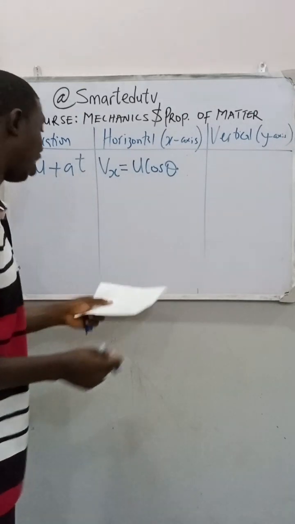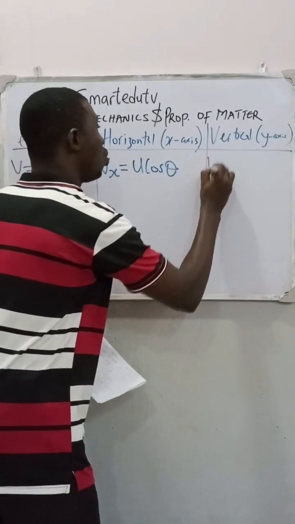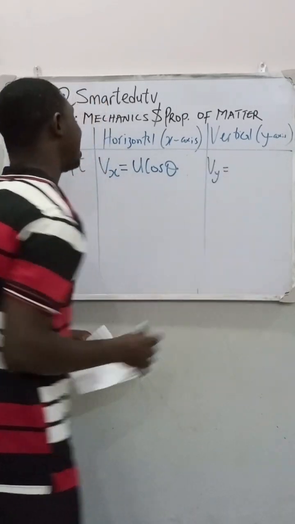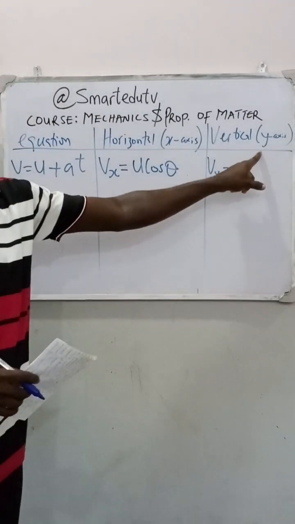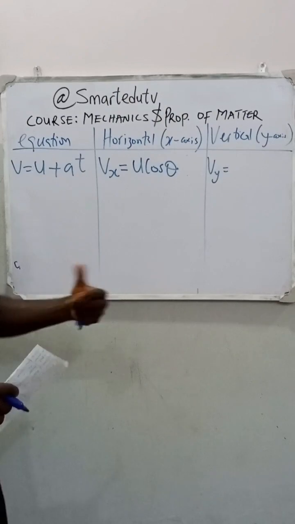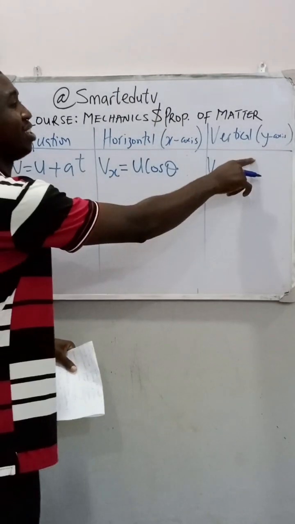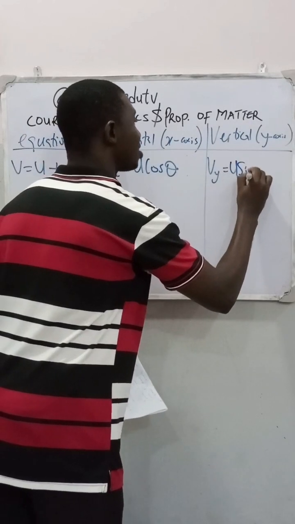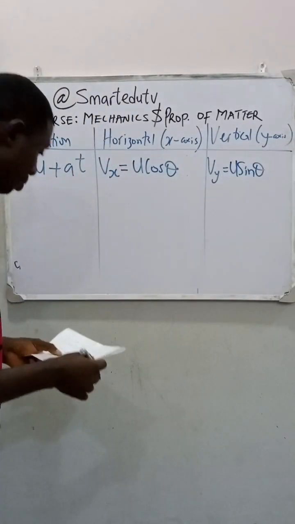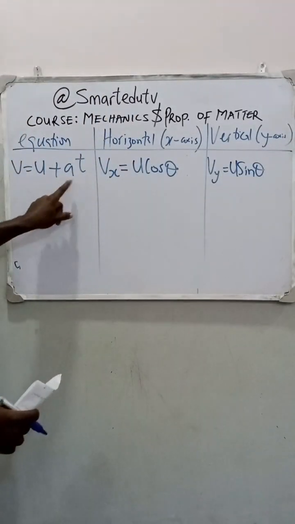On the other side, let's see what happens to the velocity along the y-axis, written as Vy. This is defined as u. Resolving u along the y-axis becomes u sin theta. Along the y-axis, I use sine. Then plus at.